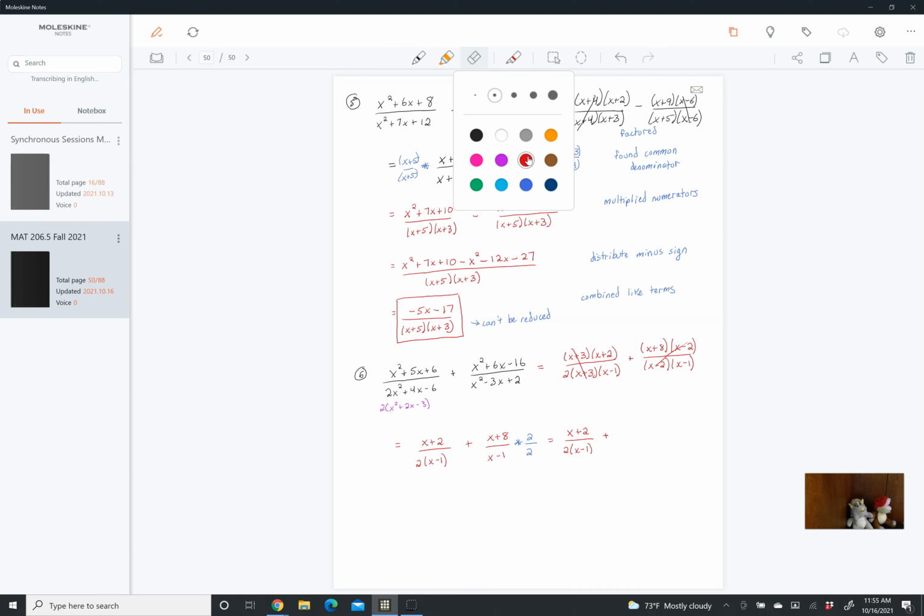And then that 2 here has to be distributed. 2x plus 16. Okay, so now we add. 3x plus 18 over 2 times x minus 1.